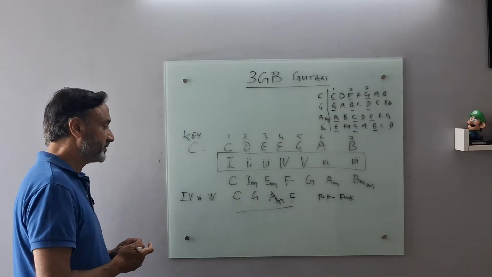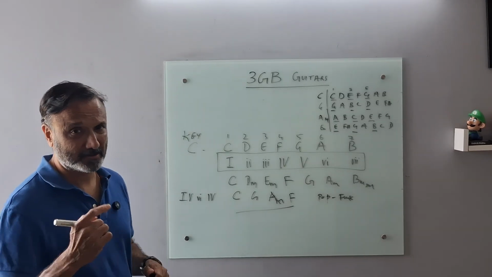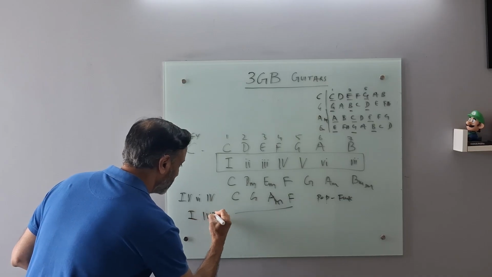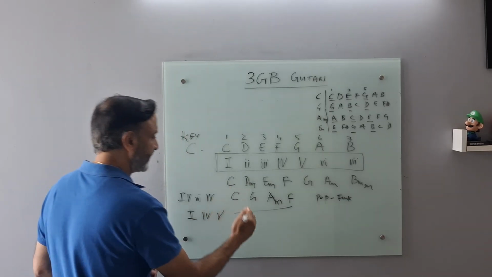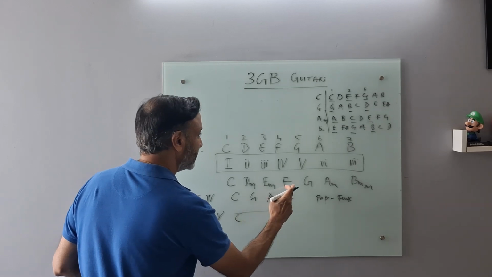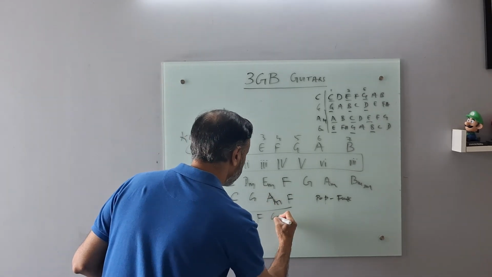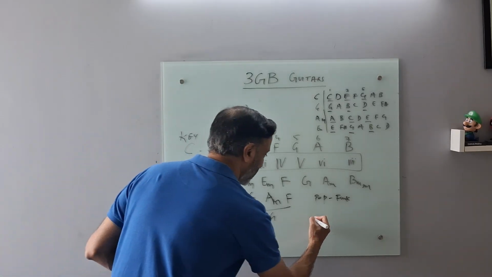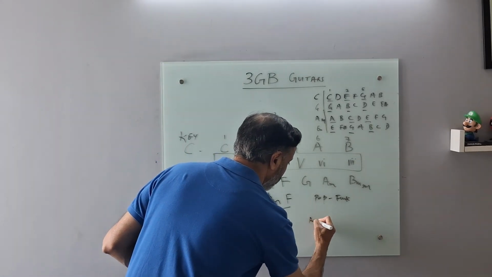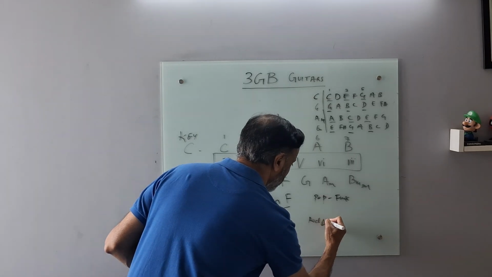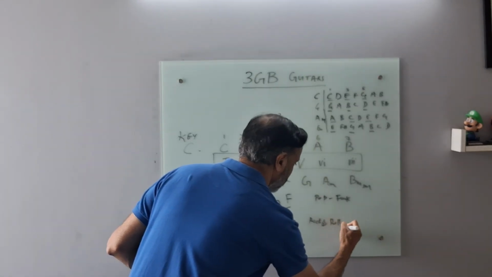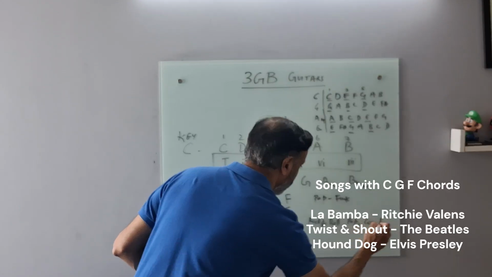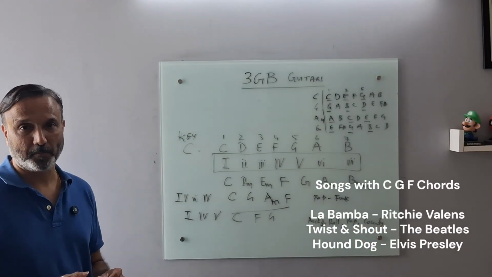Right? The next one is 1, 4, and 5. So if I take this, it is C, F, G. C, F, G, another popular one. It's used in a lot of rock, more specifically rock and roll, pop, and country, etc. So this is another very popular form.